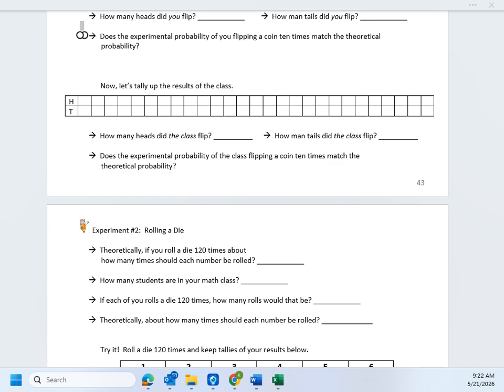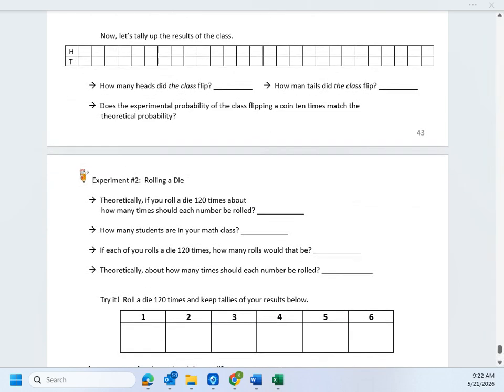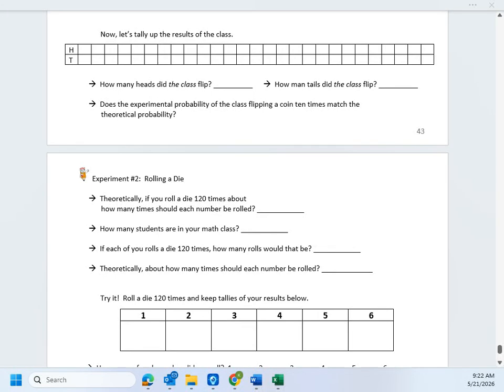So what we're going to look at is our experimental probability versus that theoretical probability. We're going to look at our class results. Remember, there were 250 flips that happened in this classroom. 125 should be heads, 125 should be tails. So we're going to record what everyone got. So first I'm going to go around and you're going to tell me how many heads you flipped.